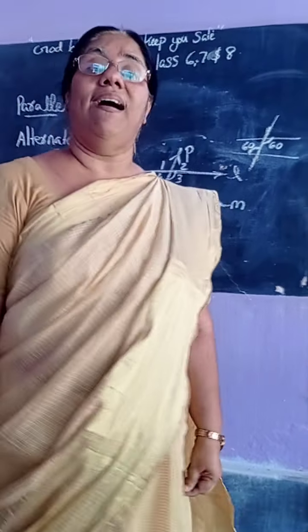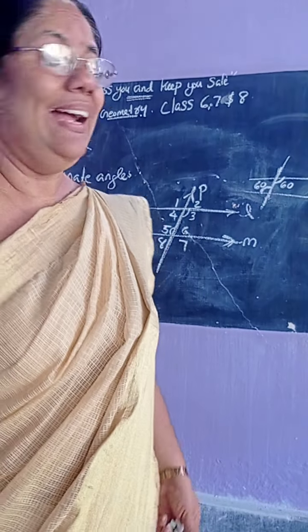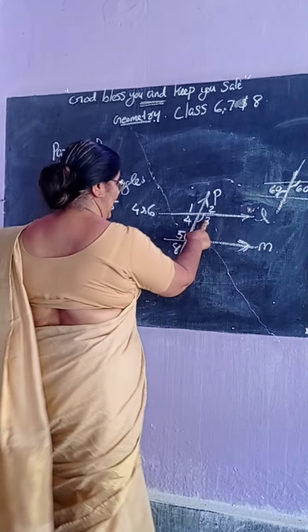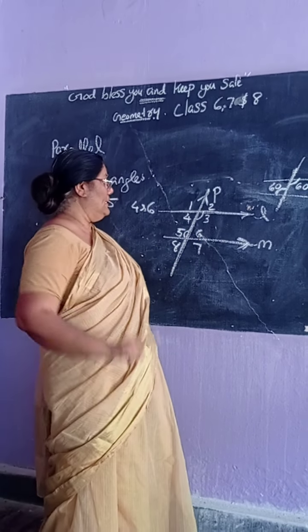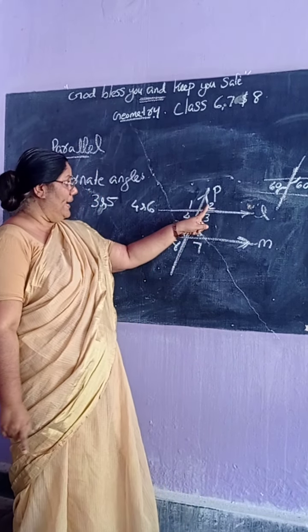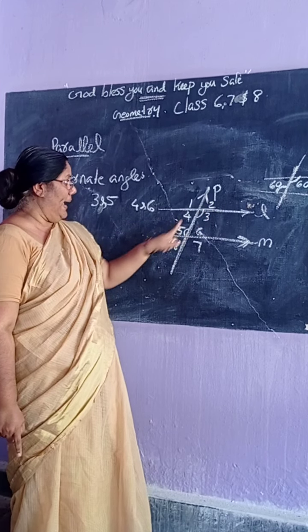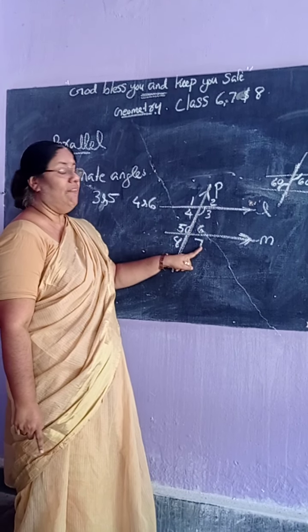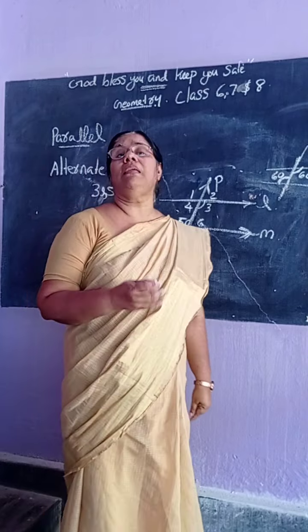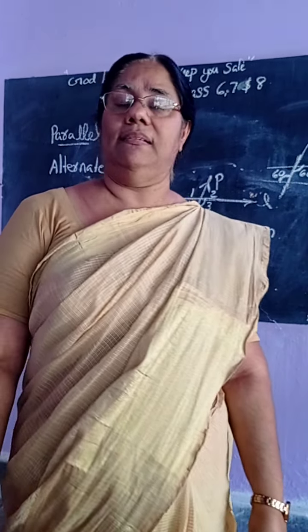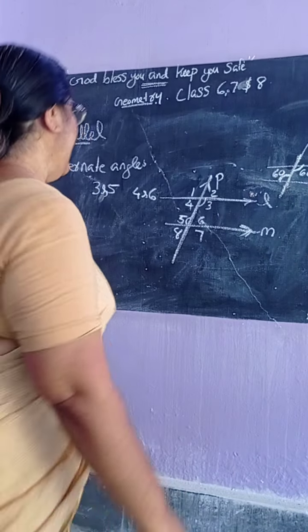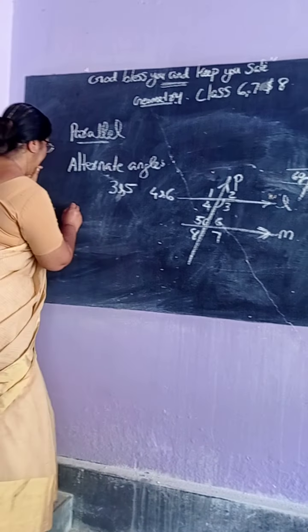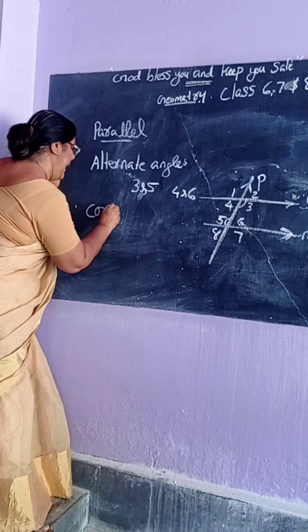Alternate angles are equal. Understand? 3 and 5, and 4 and 6 are interior alternate angles. In the same way, 2 and 8, and 1 and 7 are exterior alternate angles. The next one is, what are corresponding angles?